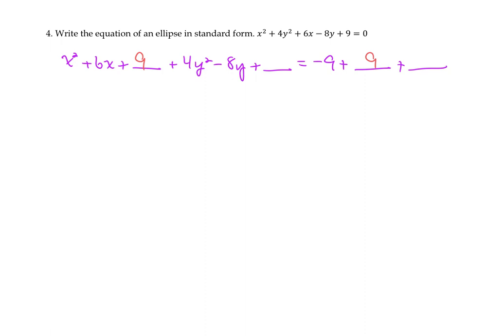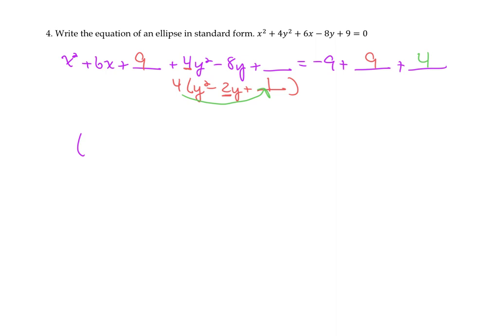Now on this one, I have to factor that 4 out. So 4, and this is y squared minus 2y plus blank. And now I look in here, and half of 2 is 1, 1 squared is 1. But when I add it to the other side, I've got to multiply. 4 times 1 is 4, so that's what gets put over there.